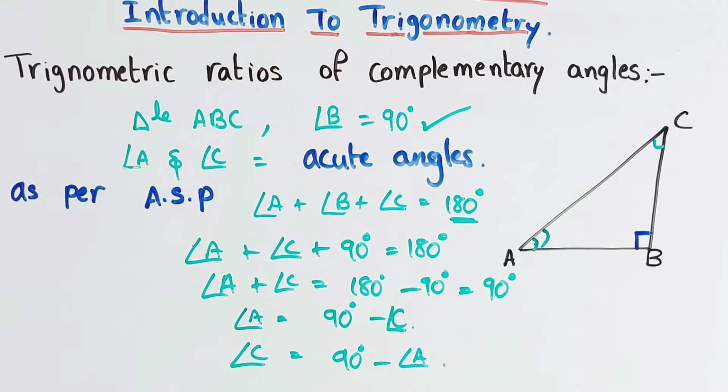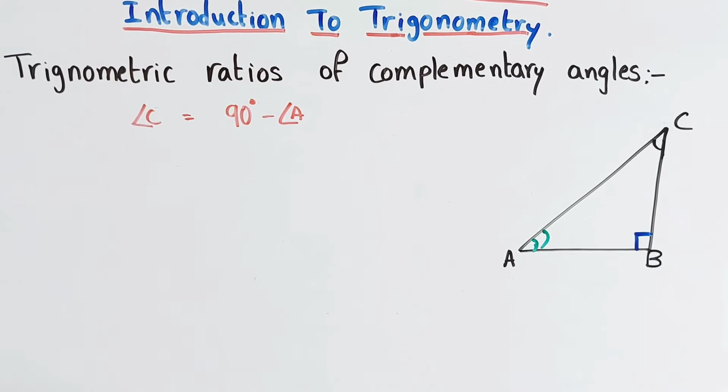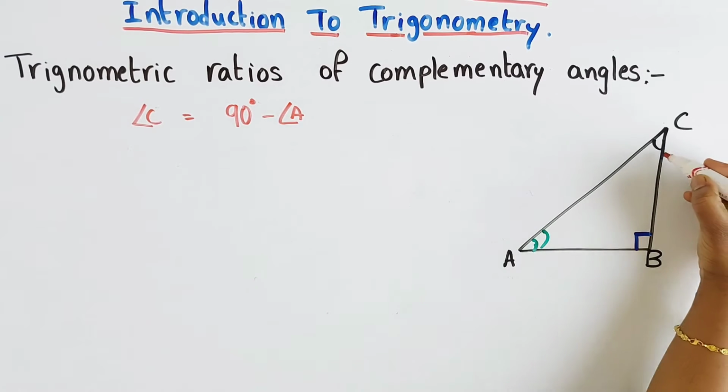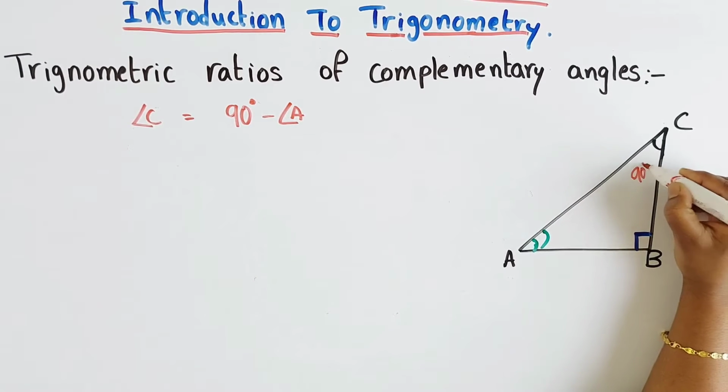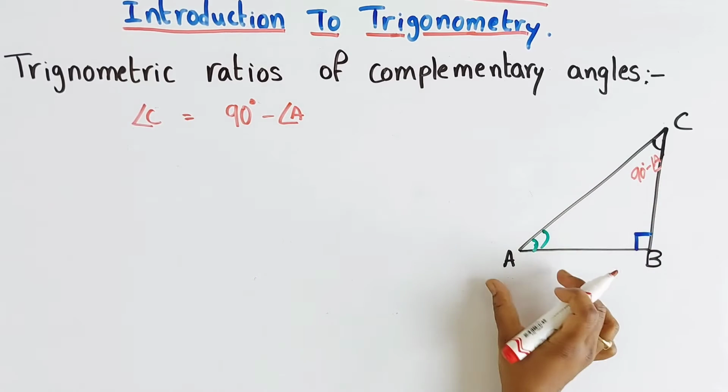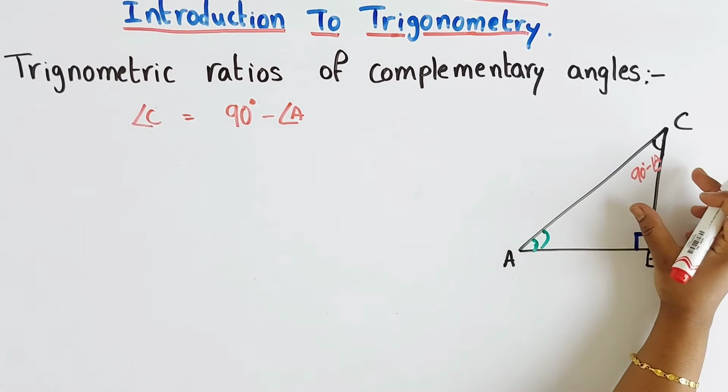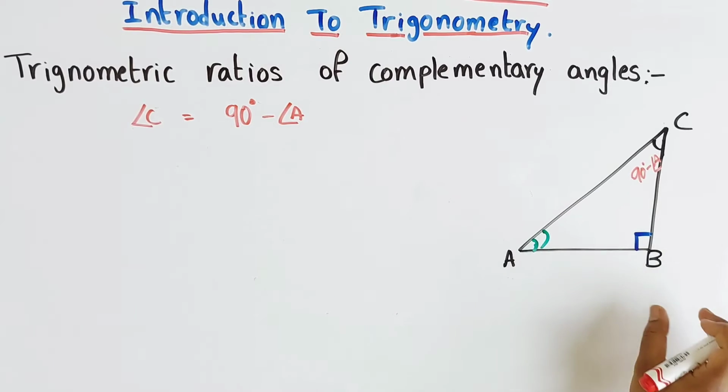Now we will find the trigonometric ratios for complementary angles, children. That means angle C equal to 90 minus A. If this is angle A, this is 90 minus A. Right, and this is right angle.